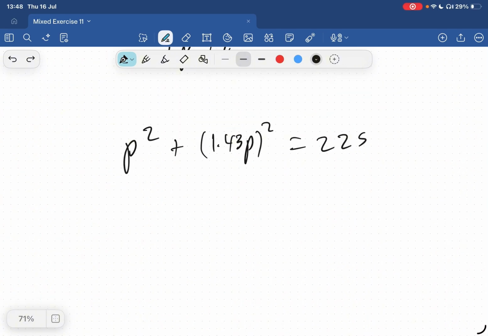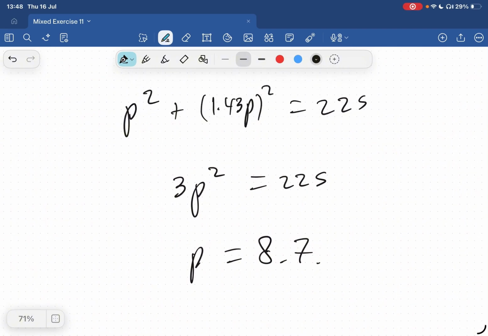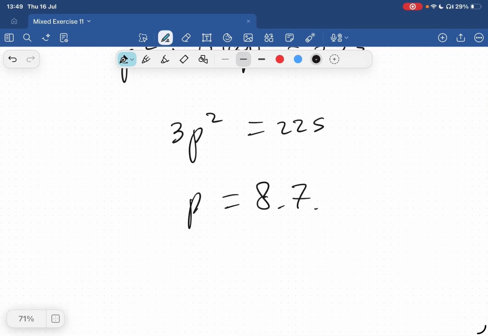That leaves us with 3P squared equals 225, and then 225 divided by 3, answer square rooted, leaves us with P equals 8.7. Okay, 8.66, 8.7. There are some rounding errors here, but this is the exact method.